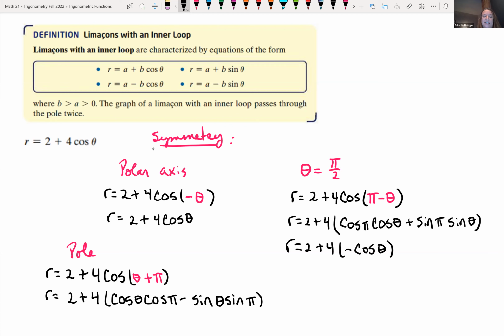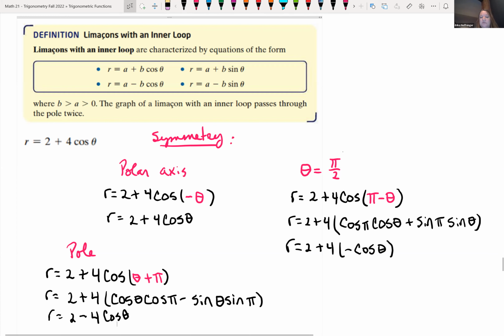Well, cosine of pi is negative 1. Sine of pi, again, is 0. And so I see that I do not get the same thing. I would have r is equal to 2 minus 4 cosine theta, because cosine of pi is negative 1. So we see that it's symmetrical across the polar axis, not the pole.